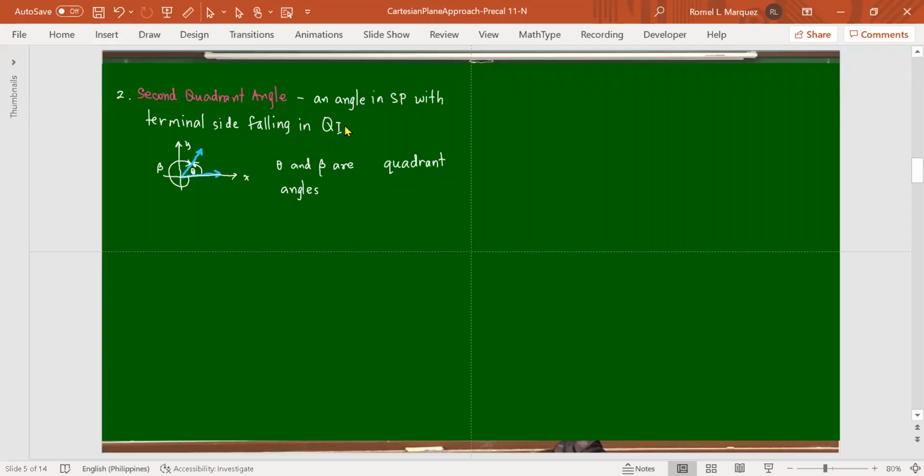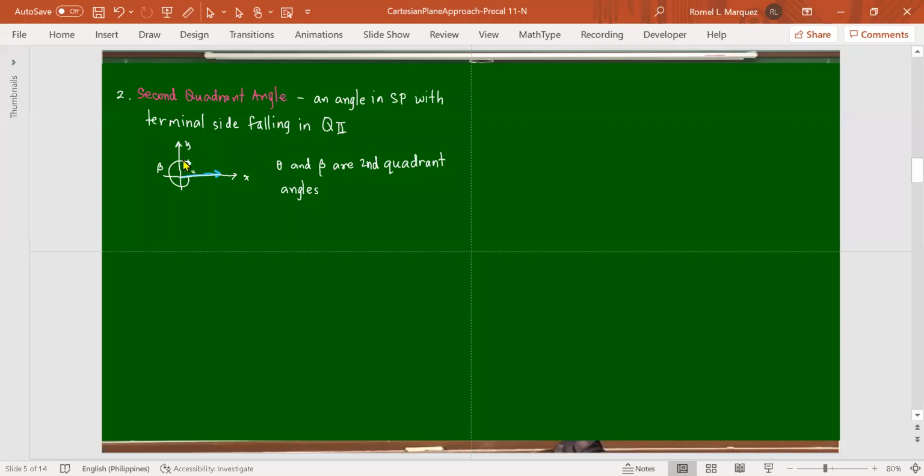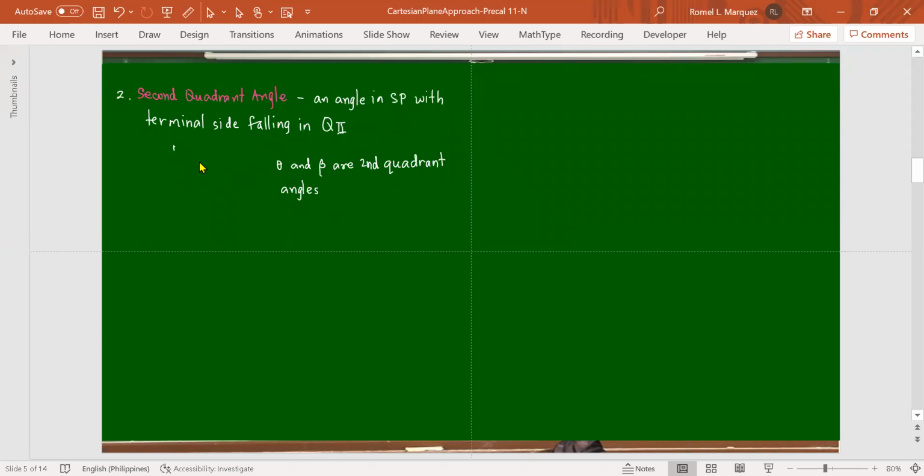So we revise this as second quadrant. This is a second quadrant angle. But of course, I also have to revise the figure. Let's erase everything. So I want it to be where? Here, in the second quadrant.